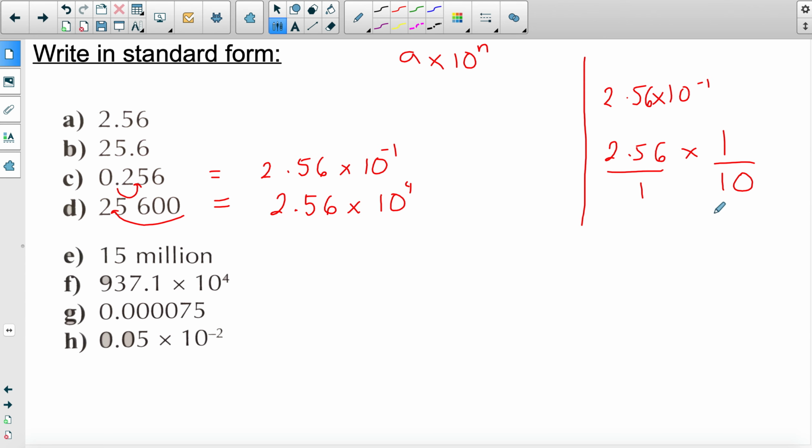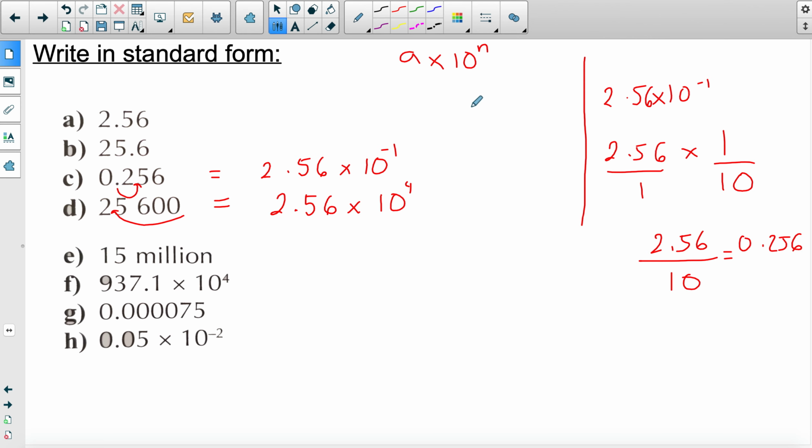This is over 1 because it's a whole number, so you have 2.56 divided by 10, which is normal fraction multiplication. If you divide by 10, you move the number by that many place values. So I'll have to move it by 1 place value to make it a smaller number, so it's 0.256.